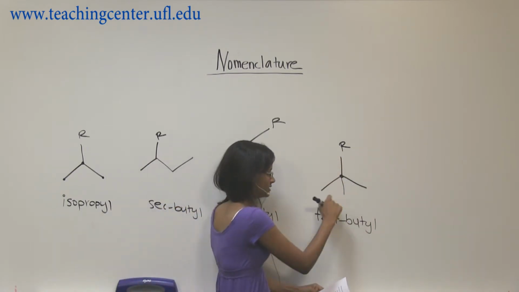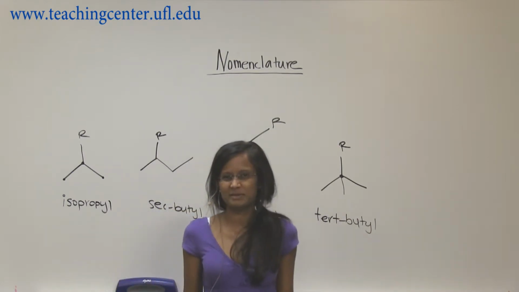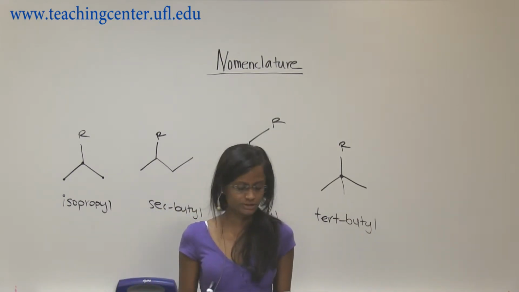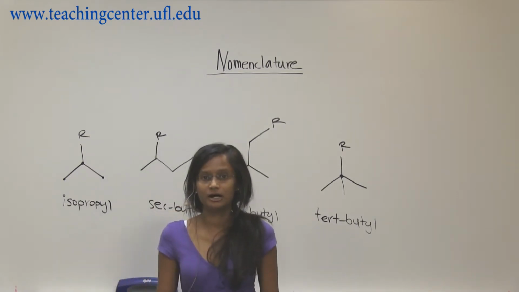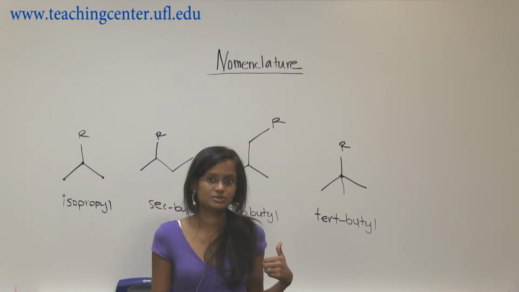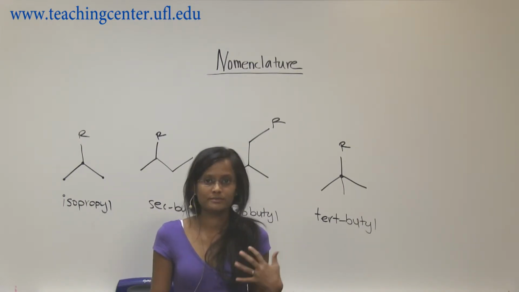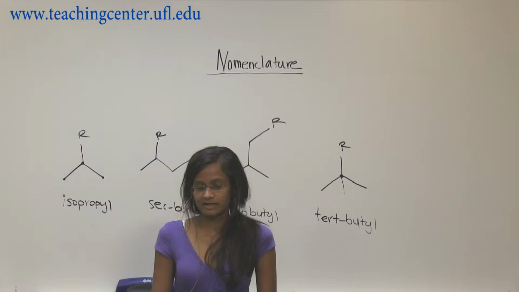So it's butyl, it's tert, so it looks like a tree. That may help you to memorize the structure. So these are the 4 structures that you definitely have to memorize to name anything. Whenever you see these substituents, you have to call them sec, tert, iso, or prop, or anything. So you have to be careful about that.